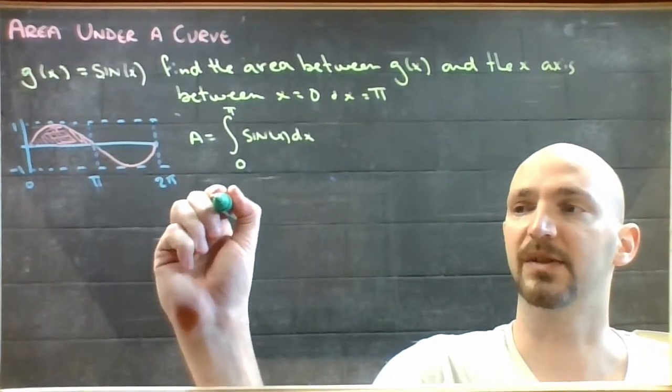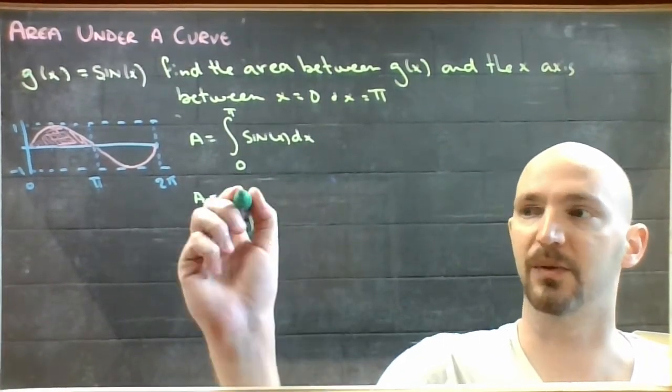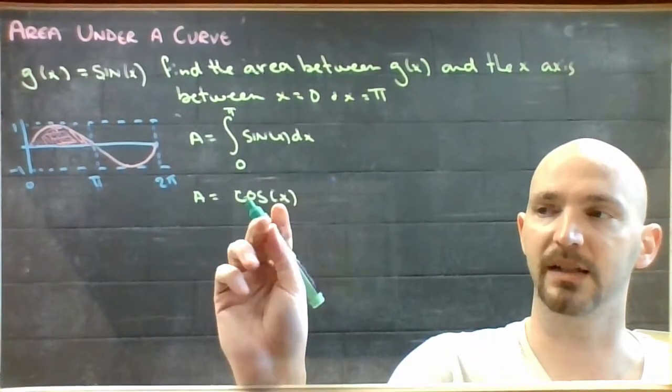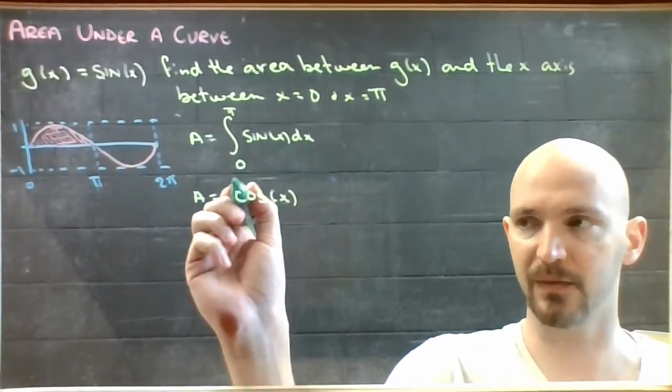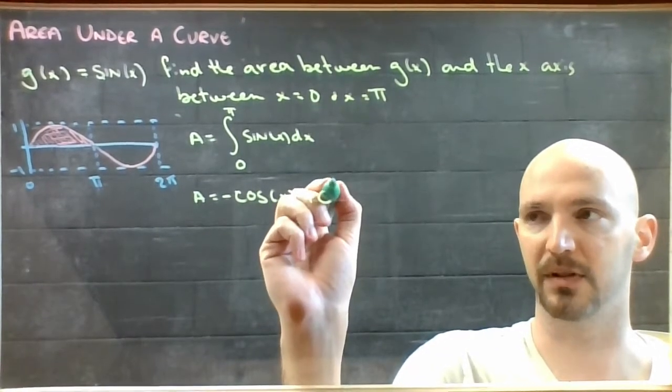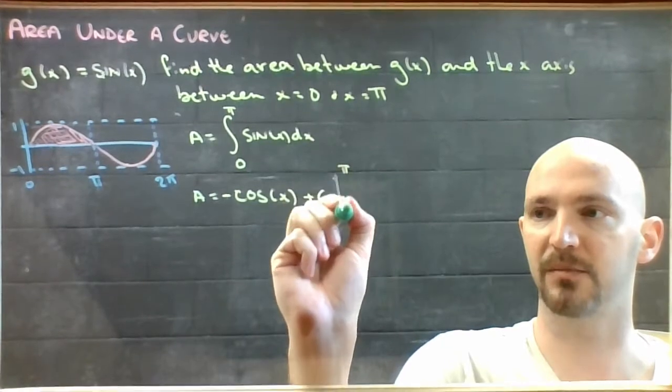So you ask yourself what function has sine as its derivative, and that's cosine. Cosine gives you negative sine as its derivative, so I need to make that negative, plus my constant, evaluated from pi to 0.